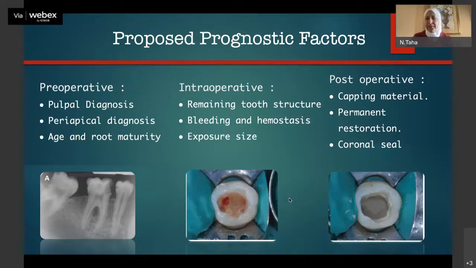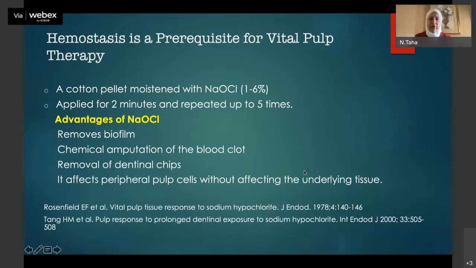5 applications of 2 minutes each, which is a total of 10 minutes. And we had success with all these time intervals up to 10 minutes in our studies. Coronal seal is crucial for long-term success. Sodium hypochlorite is very advantageous because it removes the biofilm.